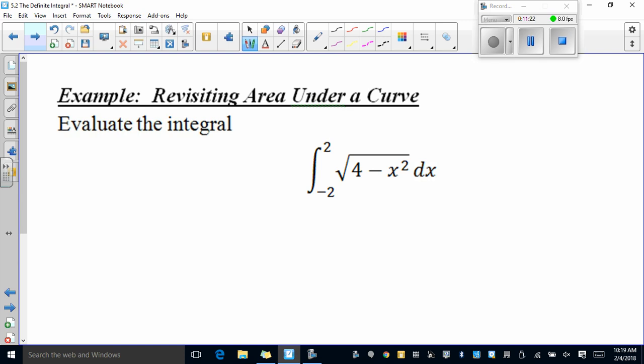Now, for those of you going, really, I should? Well, if I wrote this out as y equals the square root of 4 minus x squared, square both sides will give me y squared equals 4 minus x squared. Move the x over. So anyways, if I add x squared to both sides, I get x squared plus y squared equals 4.